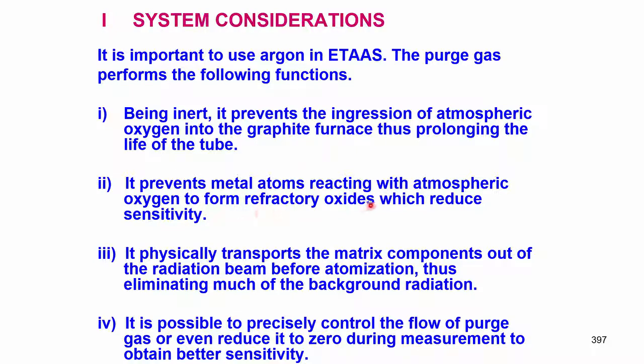Secondly, it prevents metal atoms from reacting with atmospheric oxygen to form refractory oxides, because it is a carbon surface. Atmospheric oxygen is not there, that means refractory oxides cannot form. If refractory oxides form, they reduce the sensitivity. Here there is no chance for oxygen to enter, so sensitivity remains high.